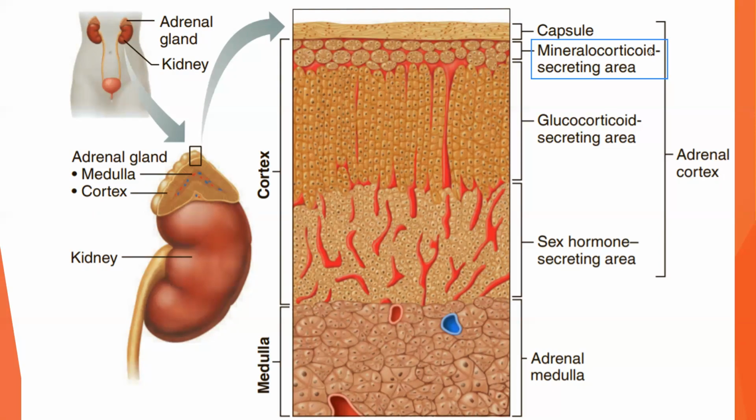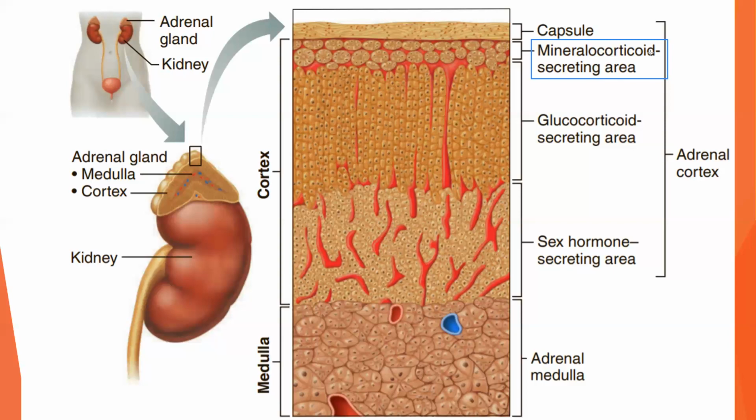Can somebody from the group discuss the major action of the mineralocorticoids? You are correct. It is to promote the reabsorption of sodium and excretion of potassium in the kidneys.